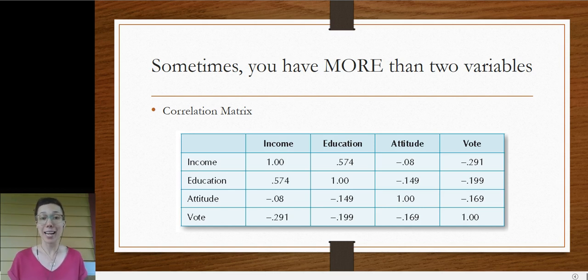All this is, again, it has to be continuous data, so it has to be interval or ratio level information. When we're looking at income, education, attitude, vote, all of these are somehow reflecting a scale or some sort of assessment.